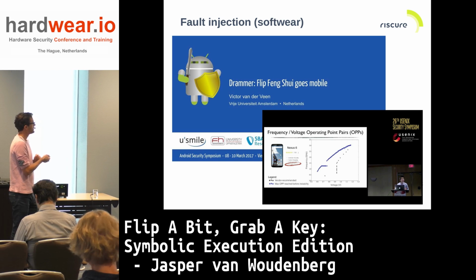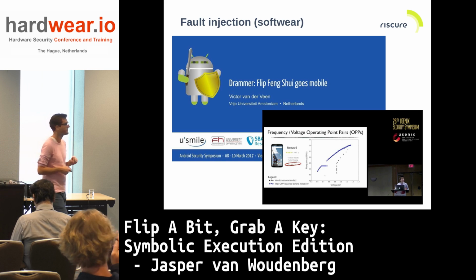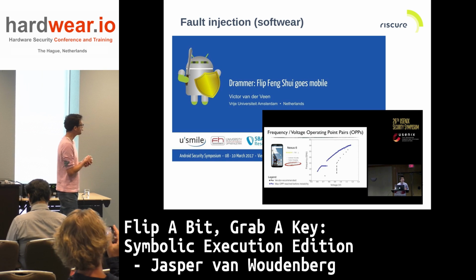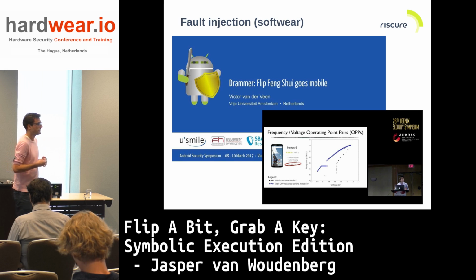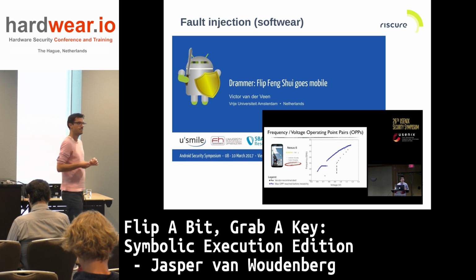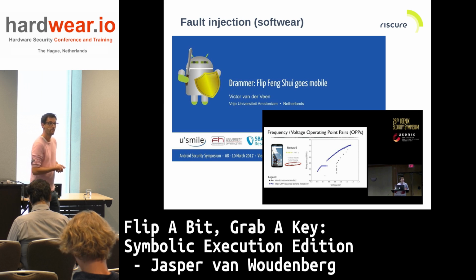One of these examples, and this afternoon there's a much better presentation fully devoted to it, is Rowhammer-type attacks. The basic idea is that you have a DRAM memory that needs to be refreshed every now and then, otherwise it loses its charge and its data.